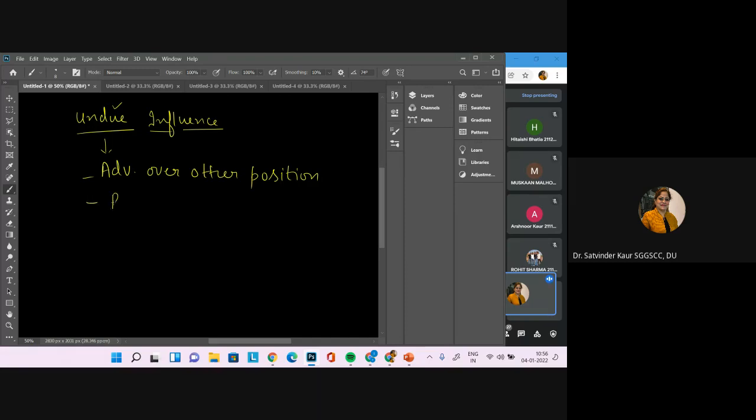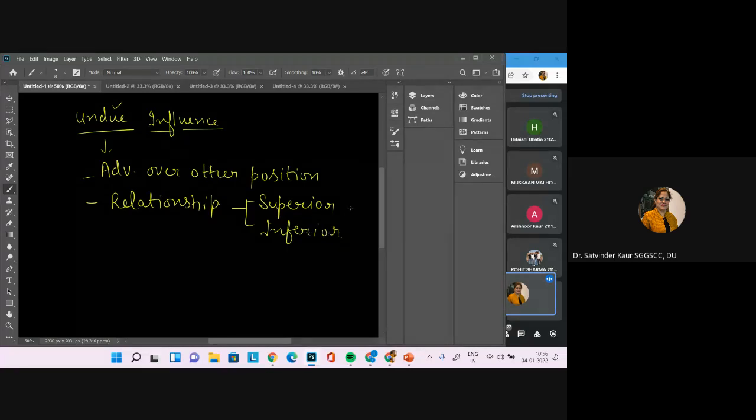So the important thing is that the parties should have a particular relationship where one party is in a superior position and the other party is in an inferior position. It means that the party in the superior position is able to dominate the will of the other, right?